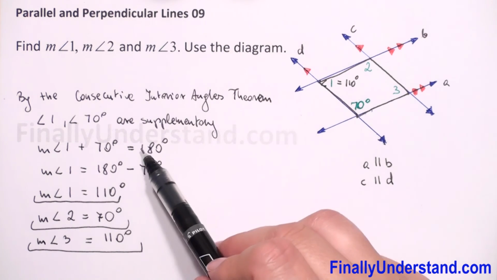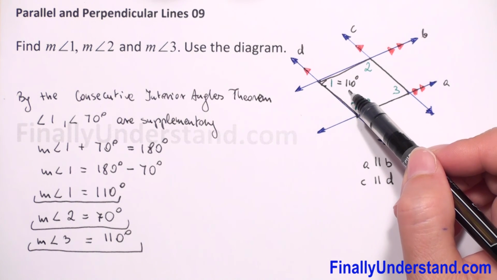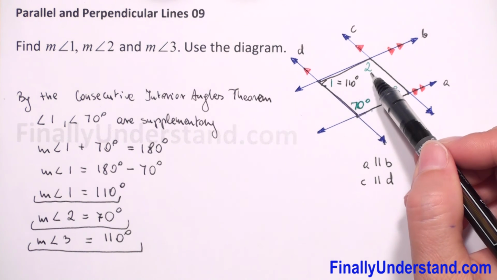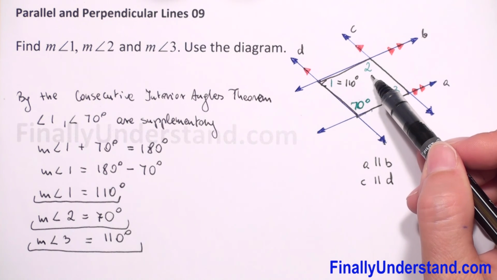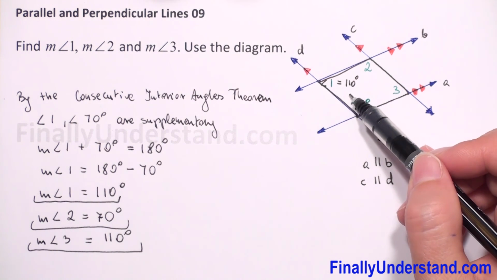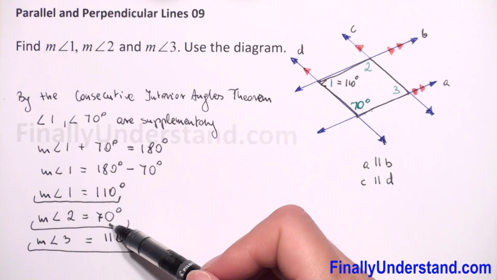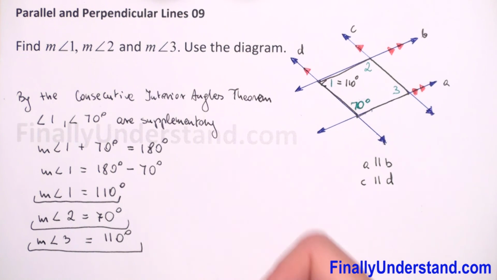So again, you can use this theorem to find angle 2. So measure of angle 1 plus measure of angle 2 is 180 degrees. Because we know measure of angle 1 is 110 degrees, measure of angle 2 will be 70 degrees, like we said before. So it doesn't matter which method you use, you will get the same answer. This is my solution.